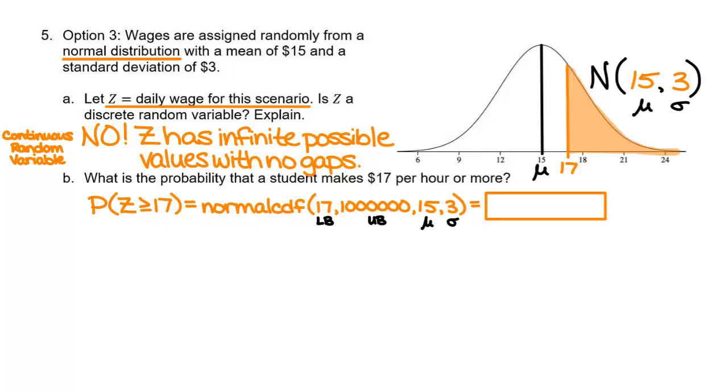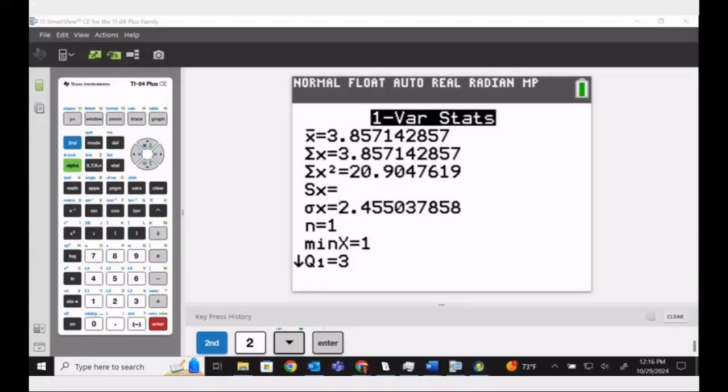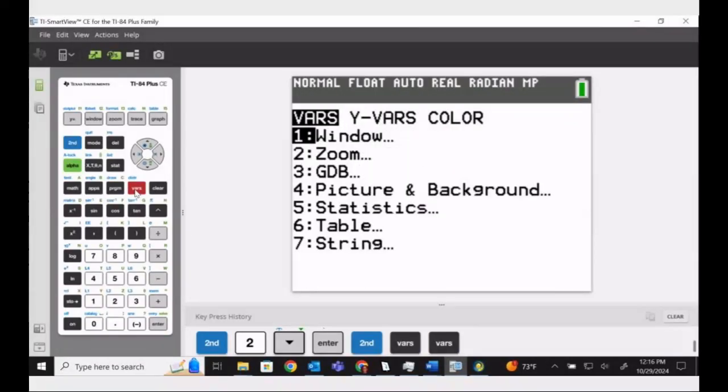All right. I'll come right back to this screen, but I'm going to flip over to my calculator for a minute so that we can practice putting this into the calculator. To get to the normal distribution, we go second and the vars key right here.